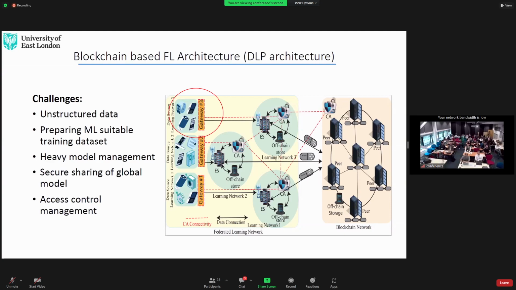In traditional federated machine learning, there is a central server here. If somehow the central server is hacked or compromised, then every local model is going to be disclosed. So in our research, we propose replacing this federated server, the centralized server, with a blockchain network. So it can enable collaboration all over the world.